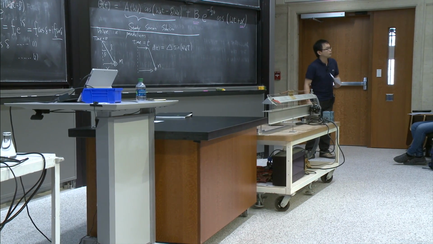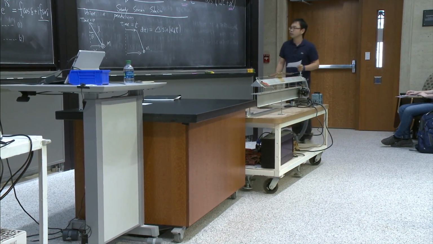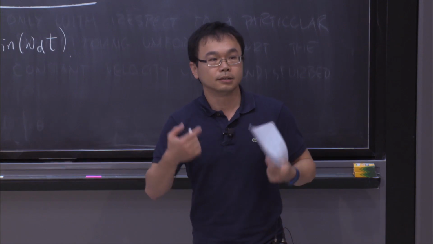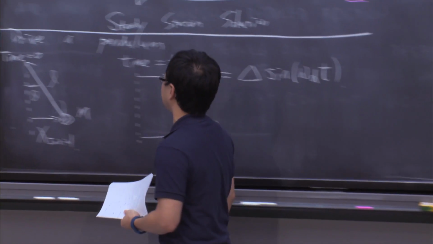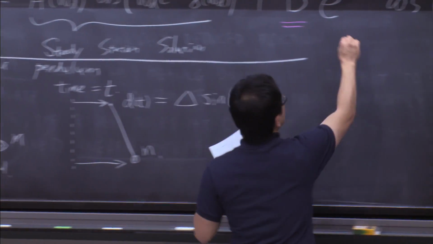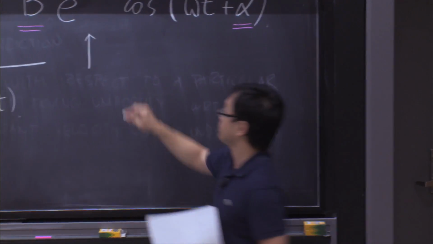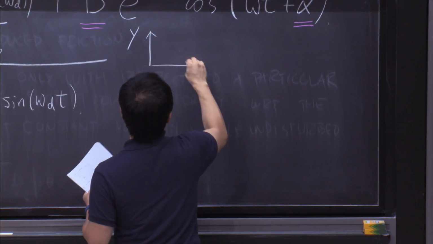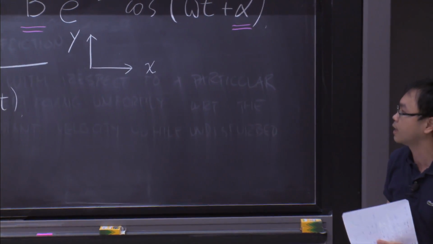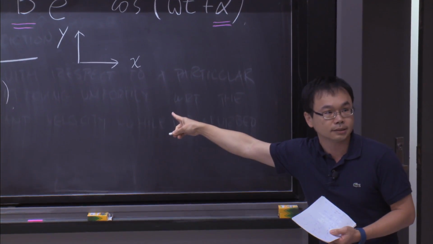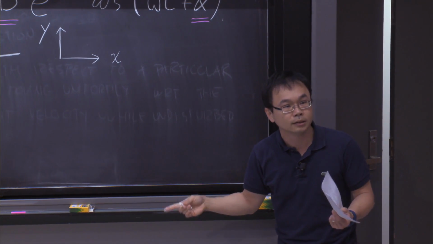As usual, the first step towards solving this problem is to define a coordinate system. So what is the coordinate system I'm going to use? I define pointing upward to be y, and the horizontal direction pointing to the right-hand side of the board to be x. That's not good enough; I still need the origin.